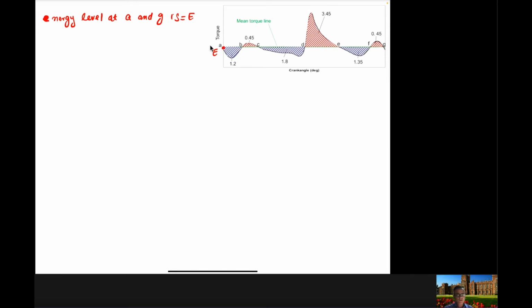So if you consider the energy at A is E, then you can calculate the energies at B, C, D, E, and F.